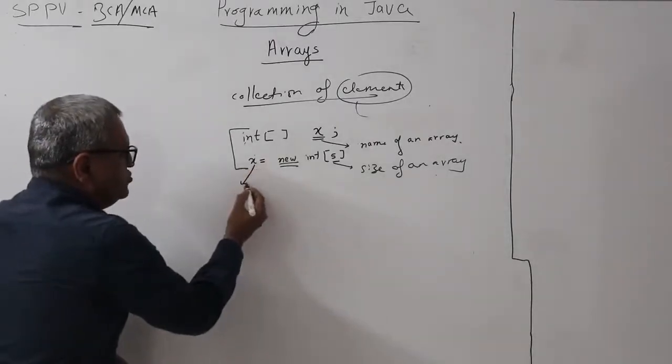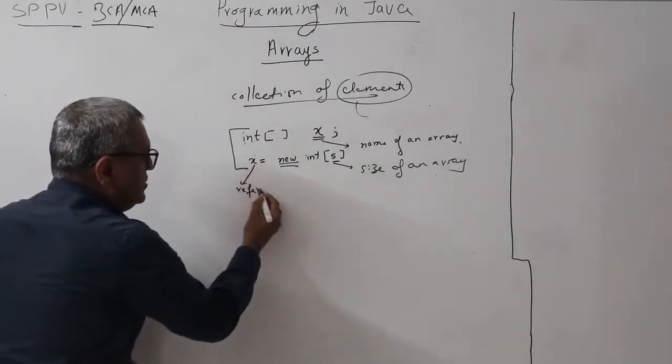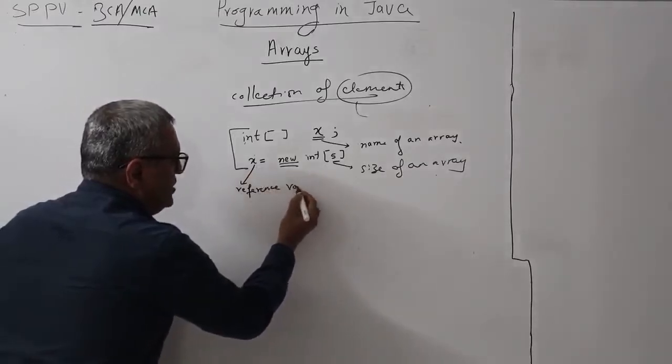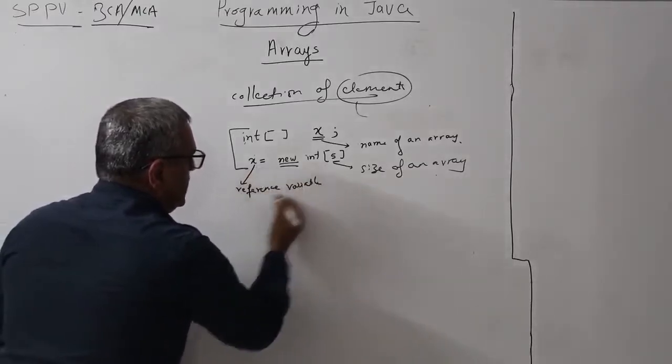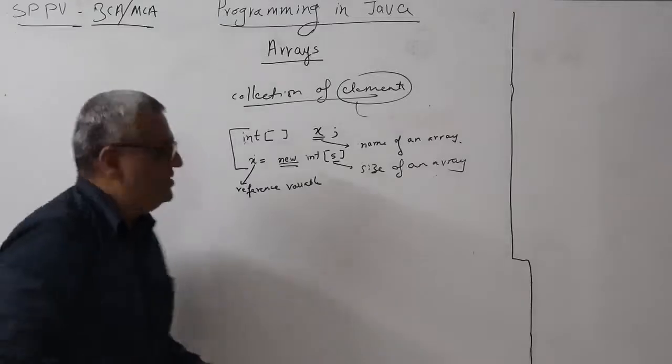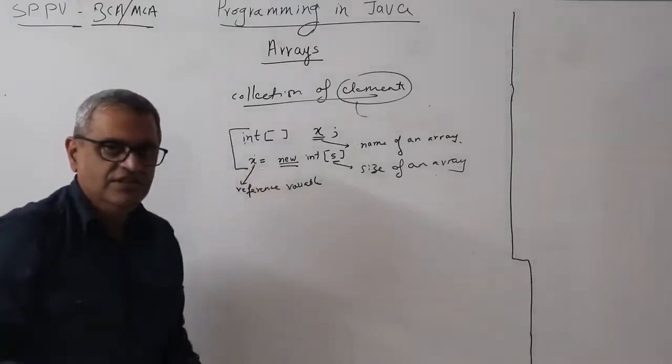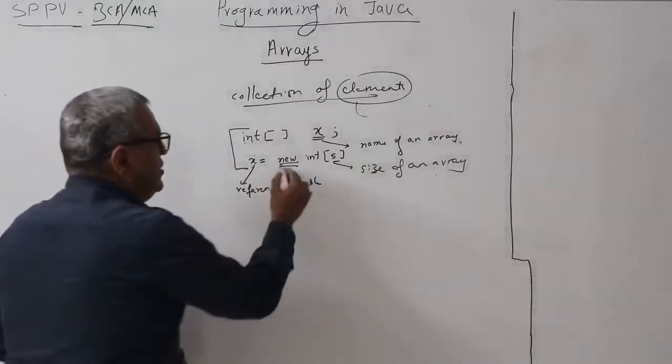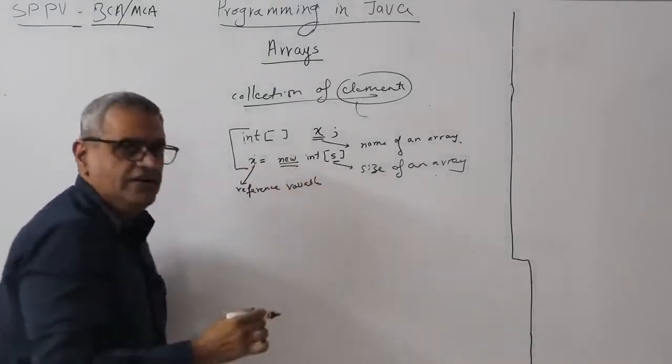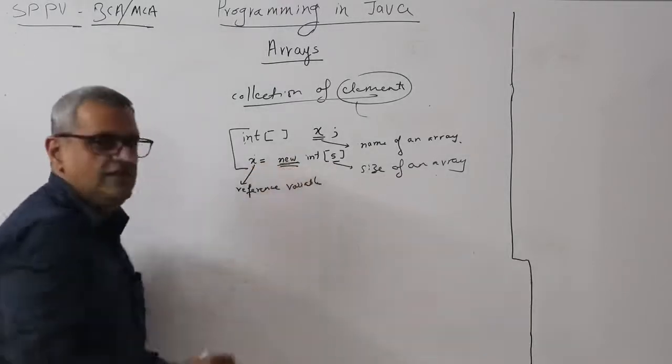X, you can also call it a reference variable, and this variable points to the memory which is allocated by the new keyword.